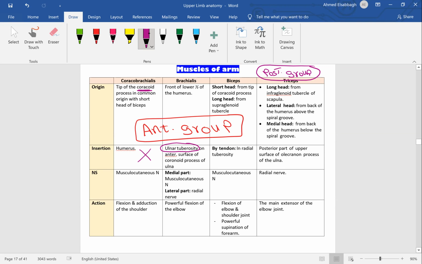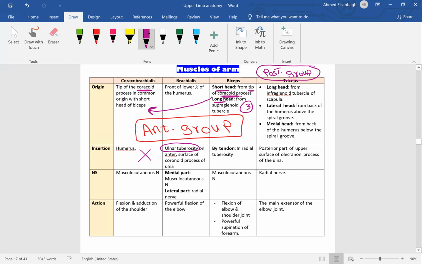Biceps has two heads, that's why it's called biceps: a short head and a long head. The short head originates from the tip of the coracoid process with the coracobrachialis. And this is the third muscle attached to the coracoid process.